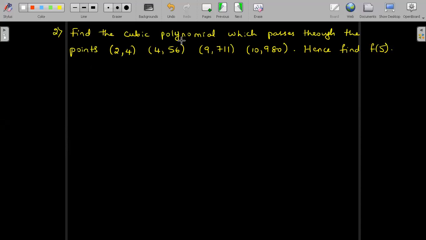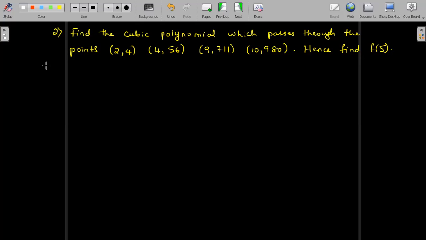X is 4, respective value of y is 56. X is 9, respective value of y is 711. Similarly, the last one. You are asked to find the cubic polynomial, the interpolating polynomial, and hence find f of 5. Later we also have to find the f of 5 value using that polynomial.